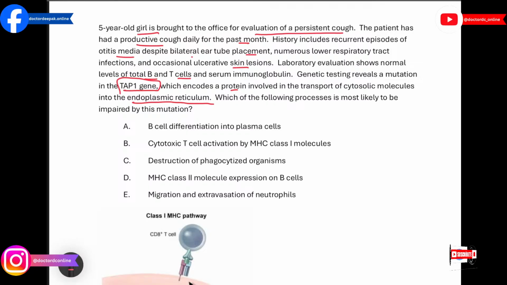In this question, they are saying the patient has a mutation of the TAP gene, and the TAP gene is responsible for the transport of molecules in the endoplasmic reticulum.